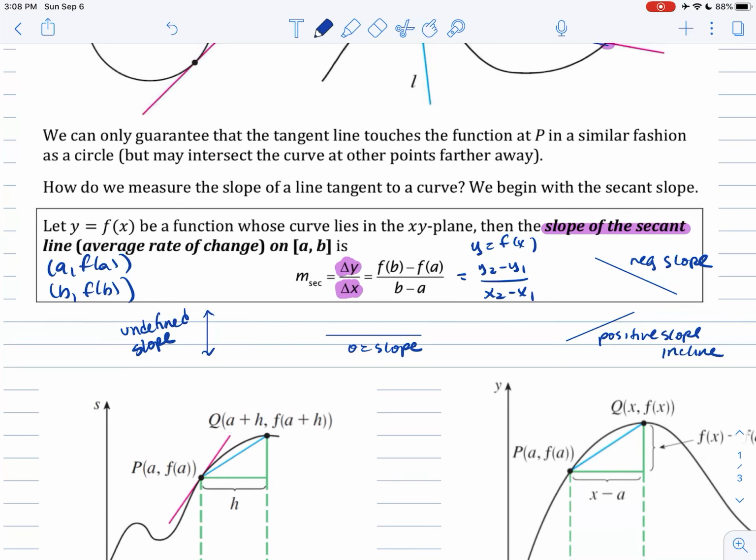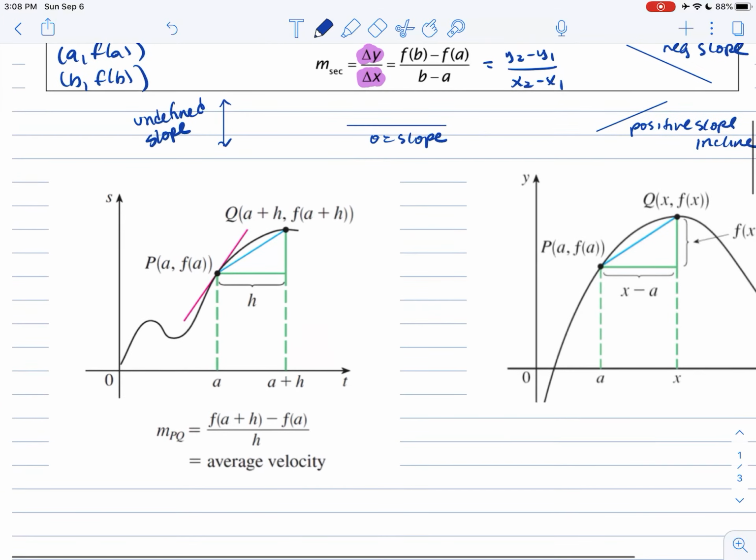So now we extend it to other notations that you will see in various calculus textbooks, where we introduce this arbitrary distance h. Okay, so notice here that between a and a plus h, we have a distance h, right?